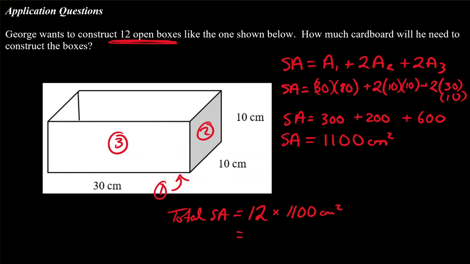So if we go 11 times 12, we should get 132. So 13,200 square centimeters. George needs 13,200 square centimeters of cardboard if he wants to construct 12 open boxes like the one shown below.